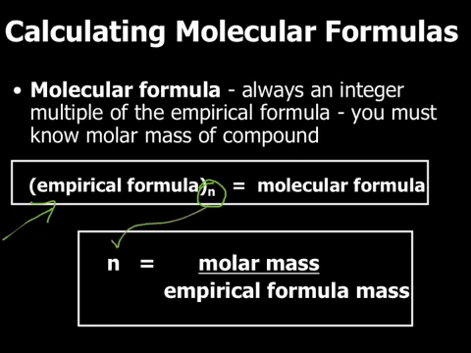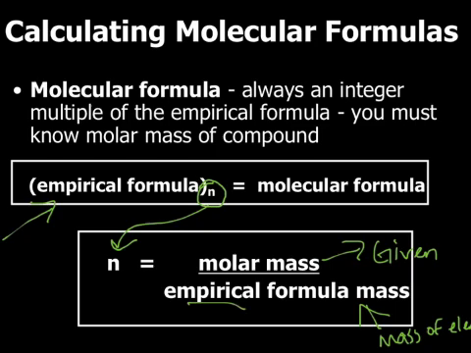To find n, take the molar mass, which is given in the problem, divided by the empirical formula mass, which is the mass of all the elements in the empirical formula. Molar mass is given, and for the empirical formula mass you just add up all the elements in the empirical formula. We're going to do two examples here.